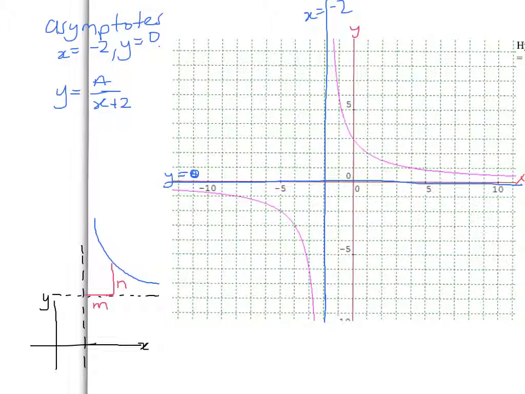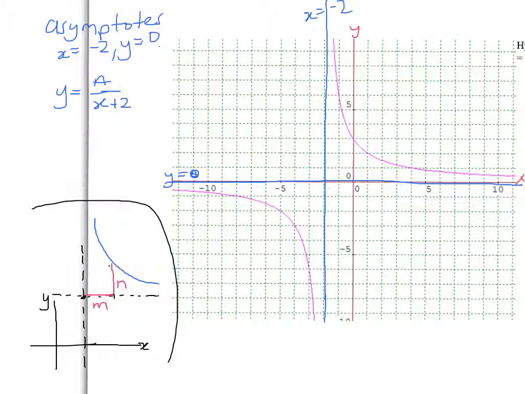You can see down here in this corner, I've explained that when our asymptotes have moved from the 0, 0, from the centre here, if we go along and up, we have an m and an n.